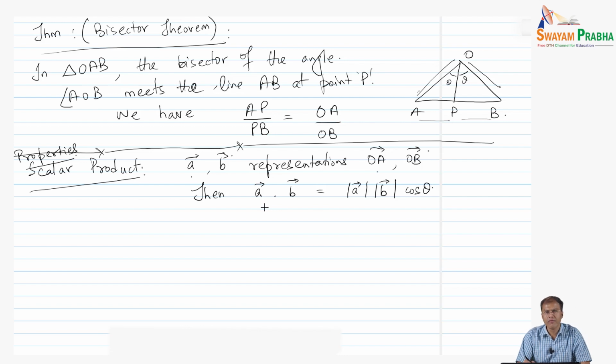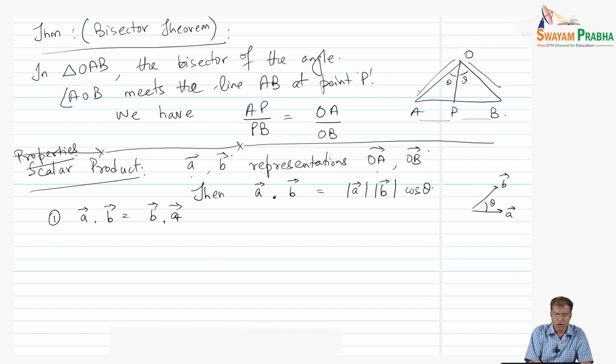This is my famous dot product law, where theta is the angle between the two vectors A and B. Some results related to the dot product: the order does not matter, whether you take the product A with B or B with A. And then A dot with B plus C is A dot B plus A dot C, that's the distributive law.